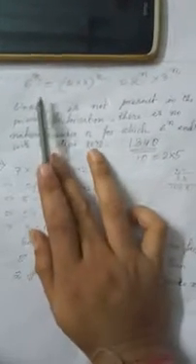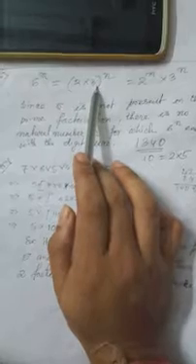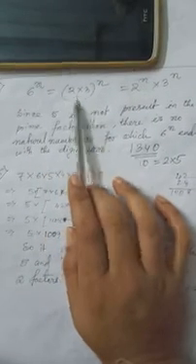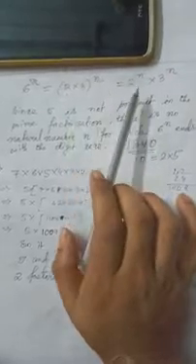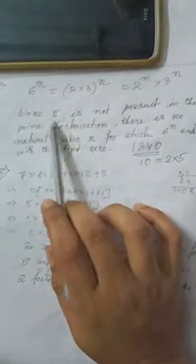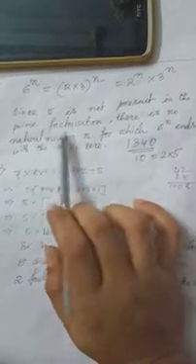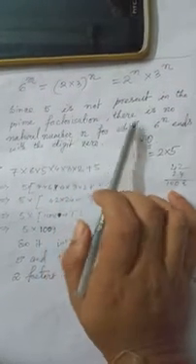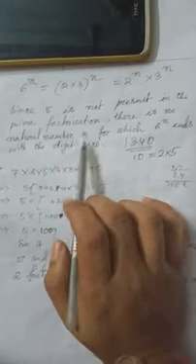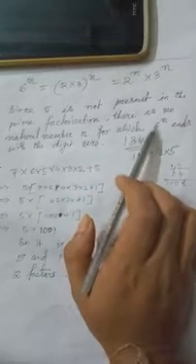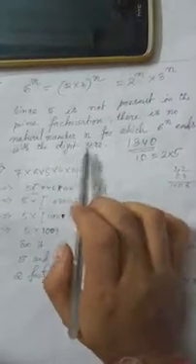But 6 to the power n equals 2 into 3 whole to the power n. So 6 has two prime factors, which are 2 and 3, so there is no 5. Since 5 is not present in the prime factorization, therefore there is no natural number n for which 6 to the power n ends with the digit 0.